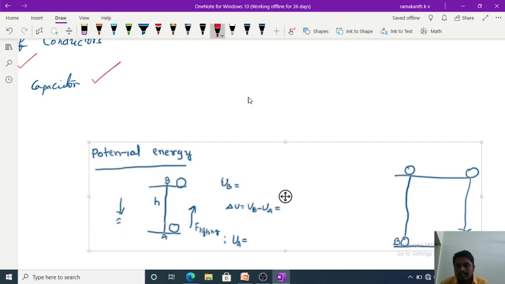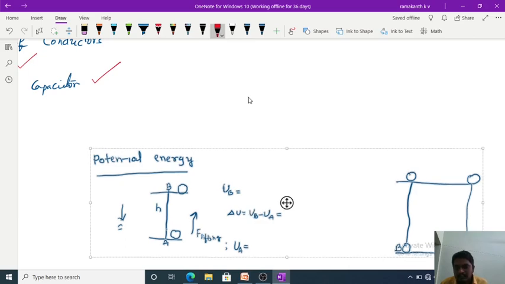For example, external forces, like this is Fg.